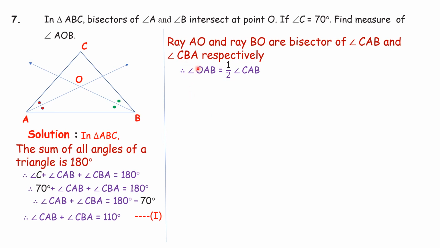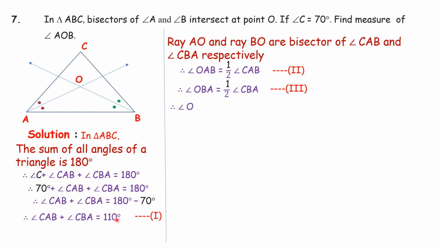Now, we add these two angles. What happens? Therefore, angle OAB plus angle OBA is equal to half, we take it common, in brackets angle CAB plus angle CBA. Adding statement number 2 and 3.